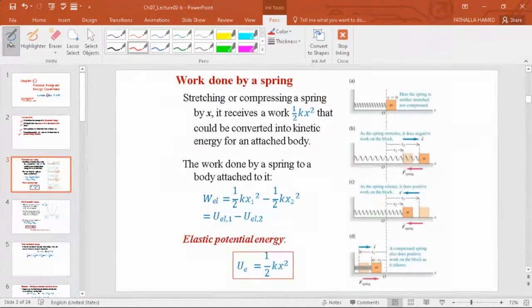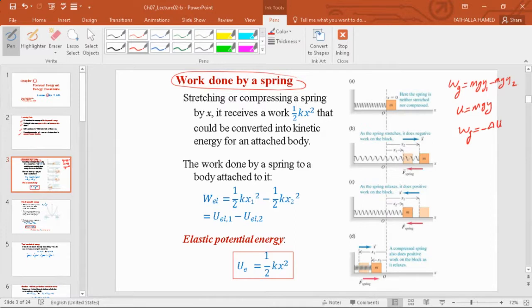Now, we're going to look at work done by a varying force. In the last lecture, we looked at work done by a constant force, and we looked at the work done by the force of gravity, and we said this is equal to mgy1 minus mgy2, and we defined U as equal to mgy, and we said that the work done by gravity is equal to minus delta U. We assume that the force of gravity is constant near the surface of the earth, and that's what we did in the last lecture.